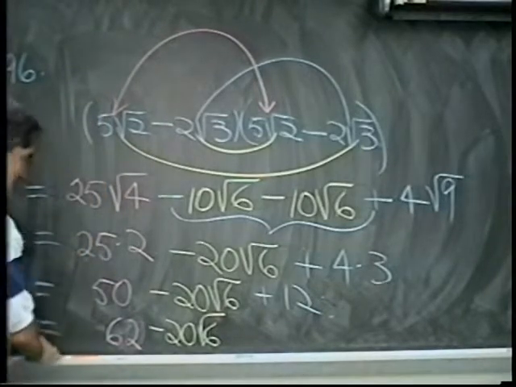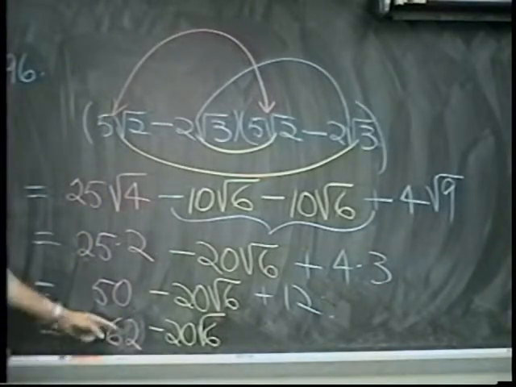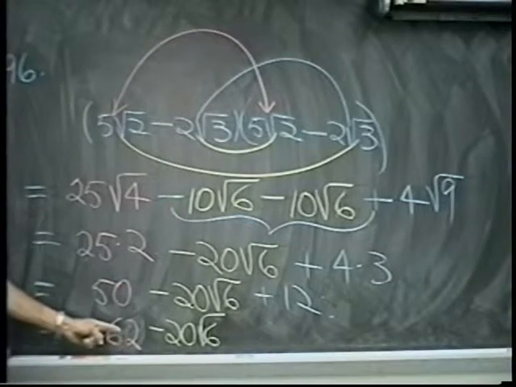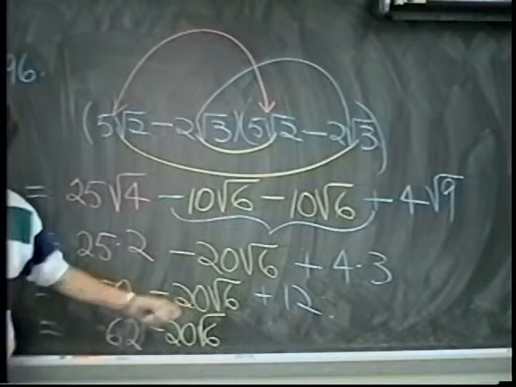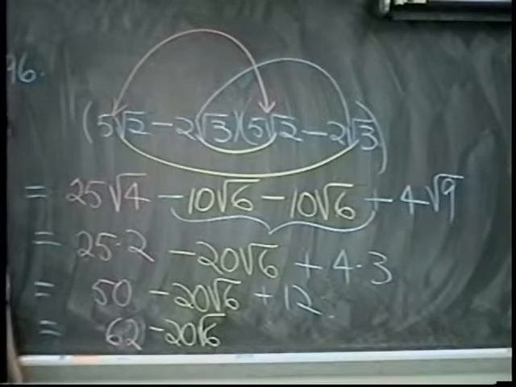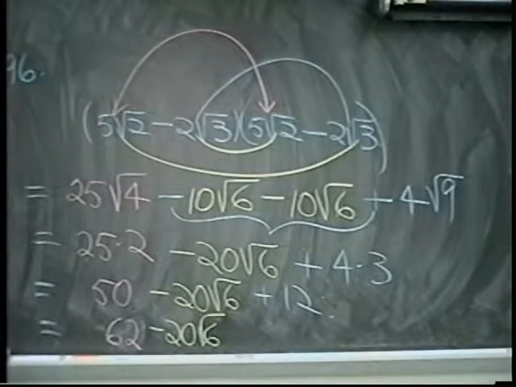And okay. So now, the next thing I want to ask is, can I combine 62 minus 20? Can I go 62 minus 20? No. If it had been 62 square root of 6 minus 20 square root of 6, in other words, if they were both the square root of 6, then that would give you 42 square root of 6, because you're combining like terms.